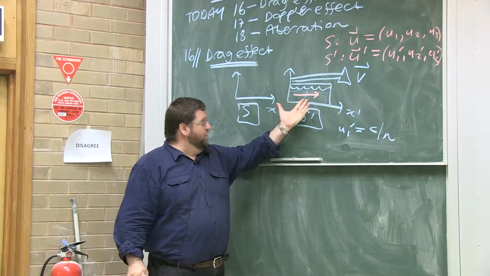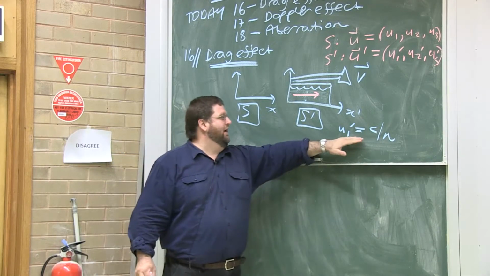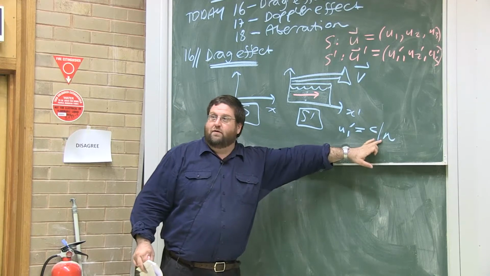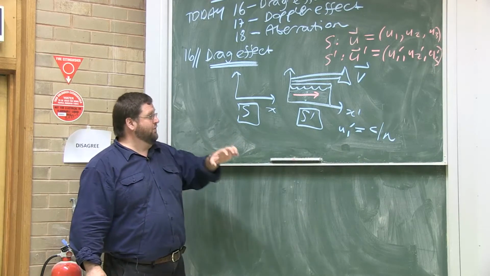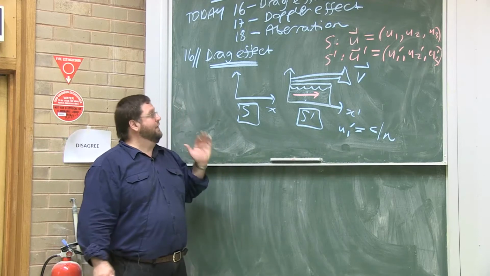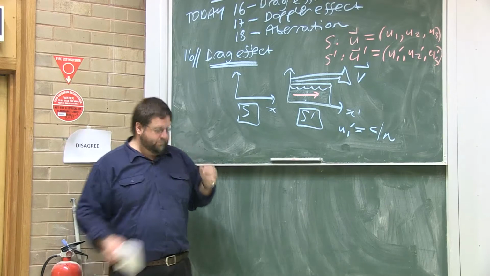So we know that light does not travel at the speed of light in vacuum in a medium. In a medium, it's slowed down by dividing the speed of light in vacuum by the refractive index of the medium. The question is, what is the speed of this light in a medium when the medium itself moves? Is that light in some sense dragged along by the medium or not?